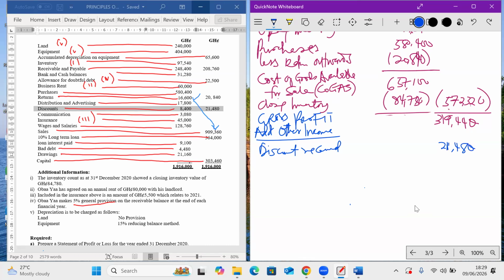You add this. We can also have rent received, income. Commission received, income. Interest received, investment income. You add all of them. So rent received, income. Interest received, income. Commission received, income.